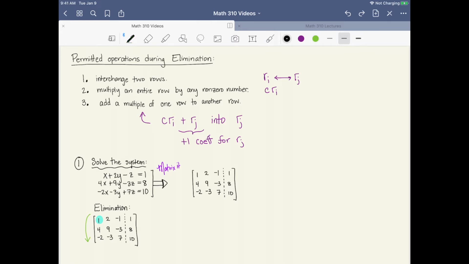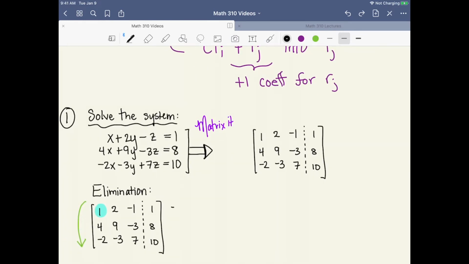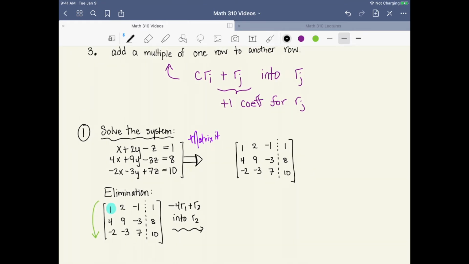So the row operation that's going to turn that 4 into a 0 is going to be if I take -4 row 1 plus row 2 into row 2. I am using a row operation of the explicit form C R_I plus R_J into R_J, and in particular I'm replacing row 2. So I'm going to carry that out, and I have the matrix 1, 2, -1, 1.